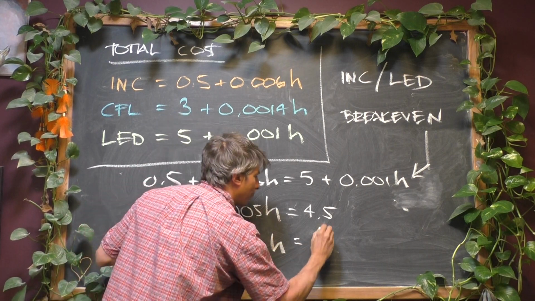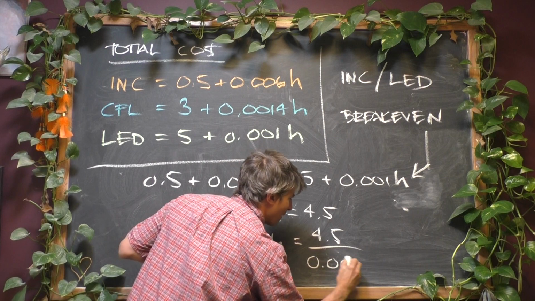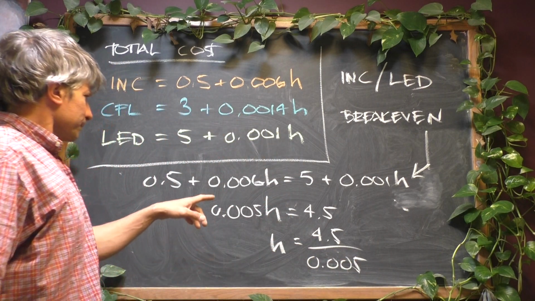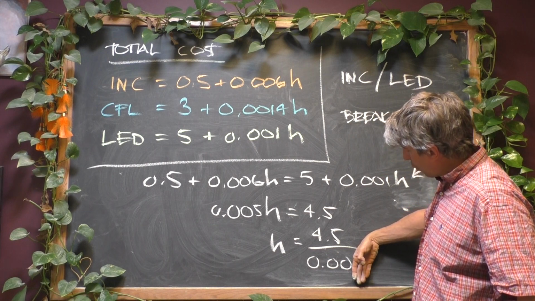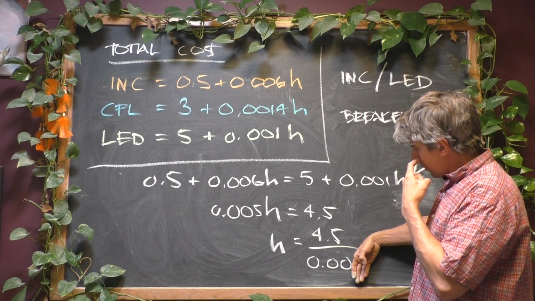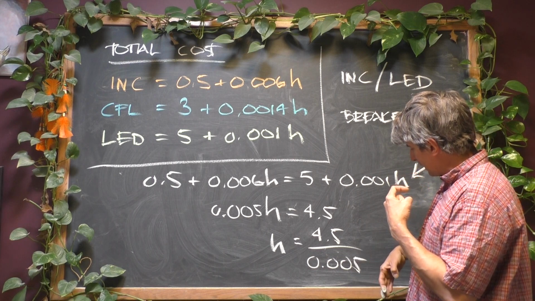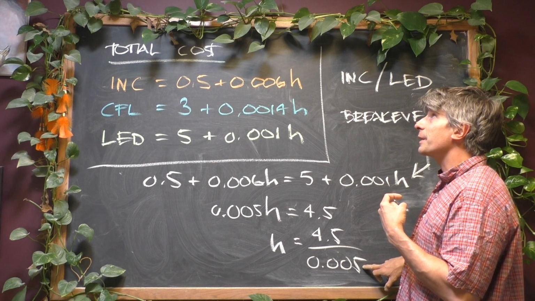H equals 4.5 divided by 0.005. I bet you we could do this in our heads. If this were 0.001, that would be 450, I believe. But it's 5 times, no, that's not quite right.